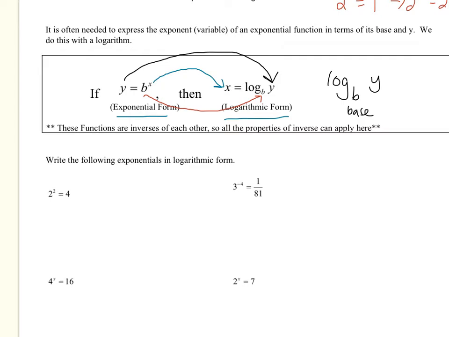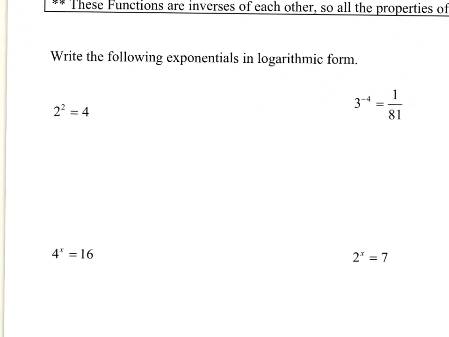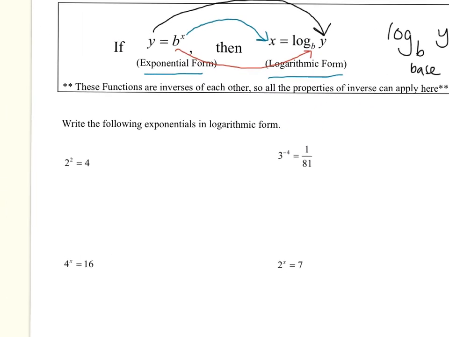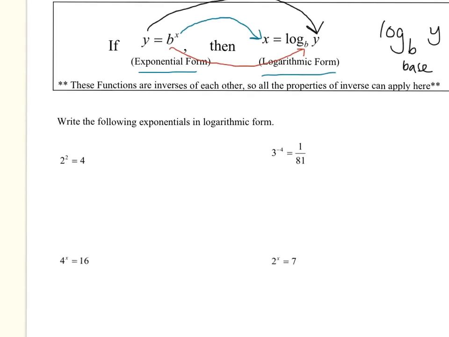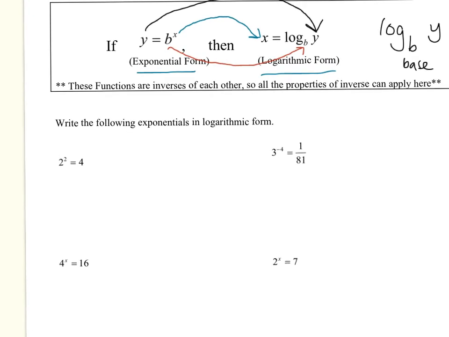So if we look at some different exponential statements that we know to be true, 2 to the second equals 4, if I look at that relationship between the exponential and the log function, I can rewrite this a different way.